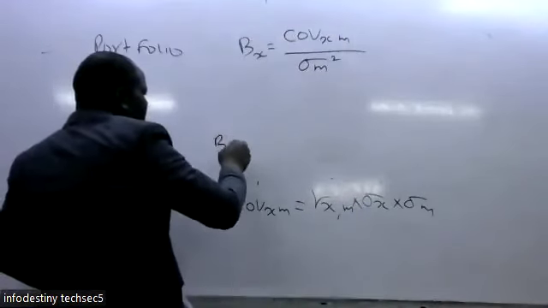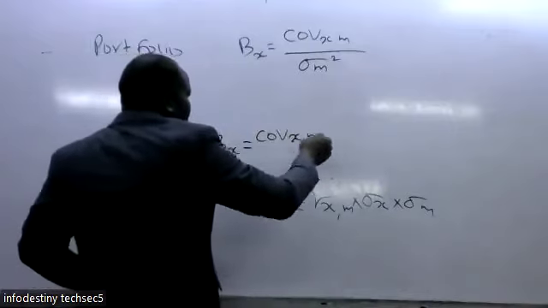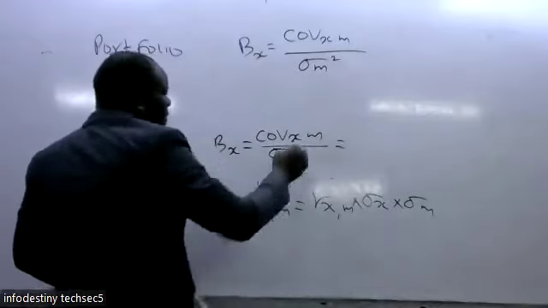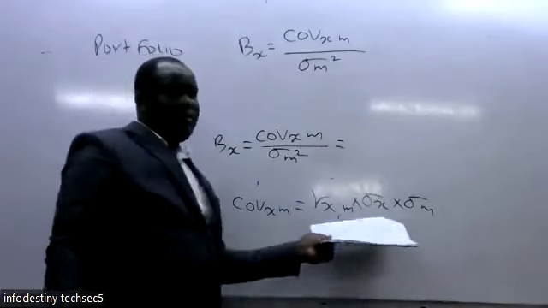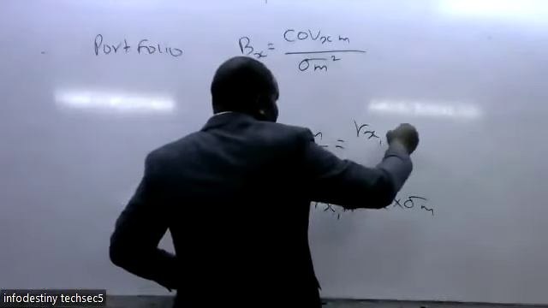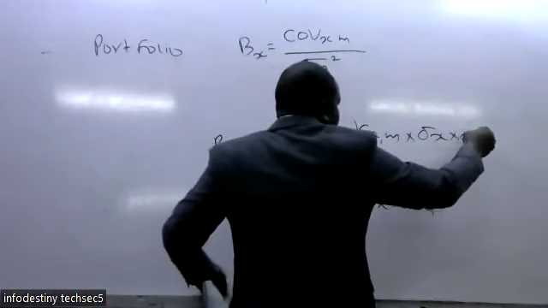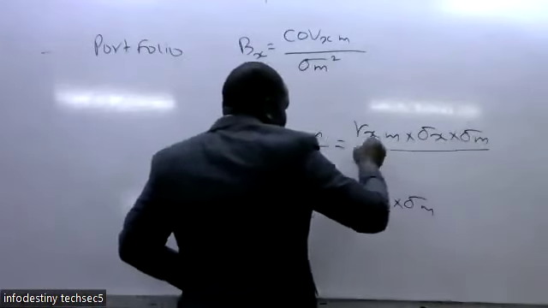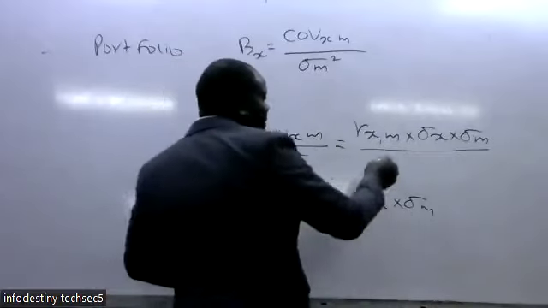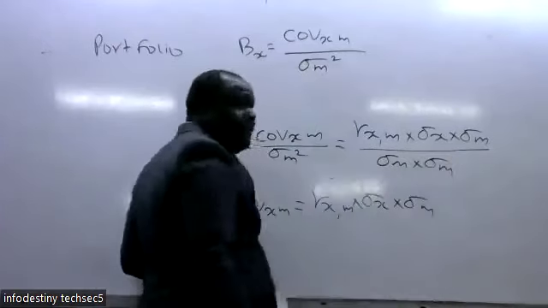So the beta factor of X, which is the covariance between X and the market divided by the variance of the market. Where there is the covariance, I replace it with the correlation coefficient between X and the market multiplied by the standard deviation of X and the standard deviation of the market. The variance of the market is the same as the standard deviation of the market squared.